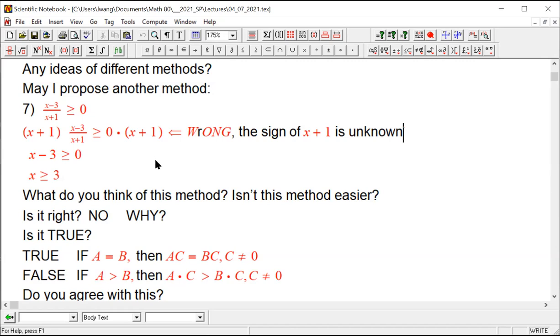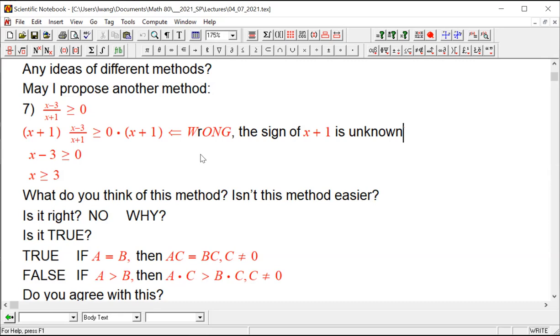If you still want to use this method, you will have to separate. You have to deal with 2 cases. Do you follow me?